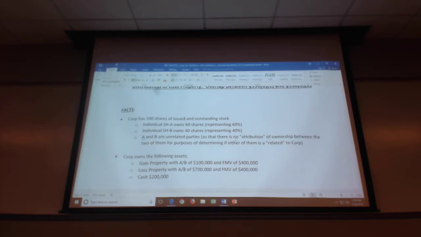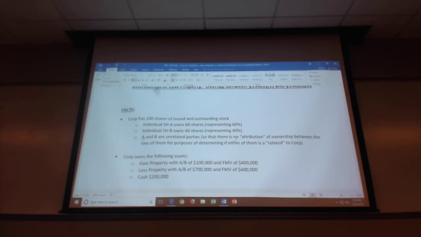So here we have a simple fact pattern where a corporation owns 100% of the stock of another corporation. You've got to get the terminology straight here. Not so much to understand the technical rules, but in terms of whatever career path you take, in terms of being able to communicate with other accountants, lawyers, business people.